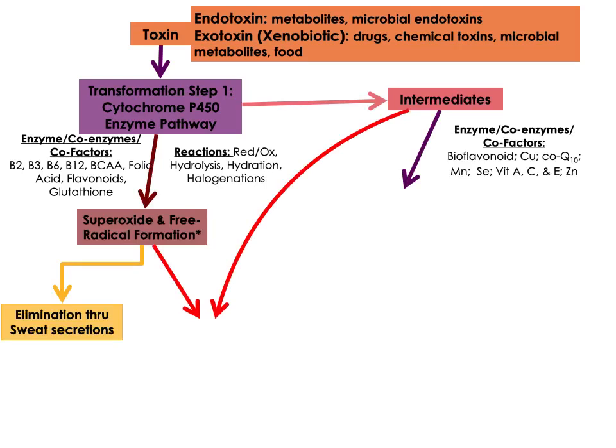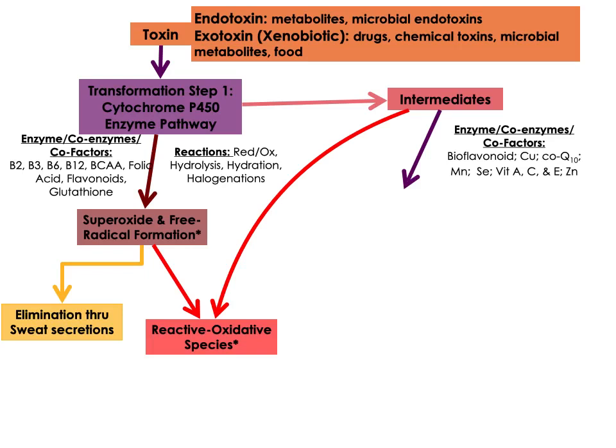We have two distinct pathways here. The step one pathway will produce through redox reactions, hydrolysis reactions, and hydration or halogenation reactions, either superoxides and free radicals or intermediates. The superoxides and free radicals will be eliminated through sweat. The intermediates will undergo a secondary coenzymatic reaction.